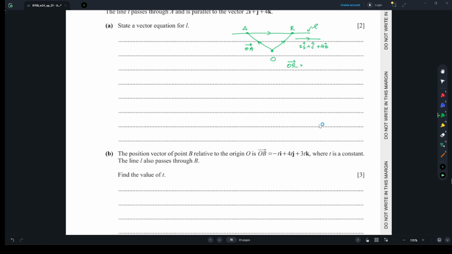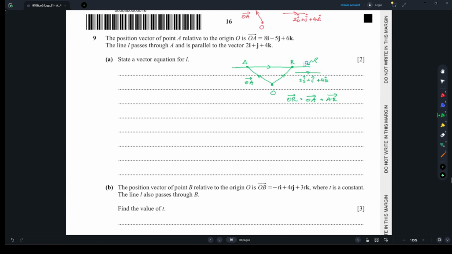you can write O to A to R, right? So it's kind of a path. So O to A plus A to R. So A to R is the direction, which is parallel to that vector, right?